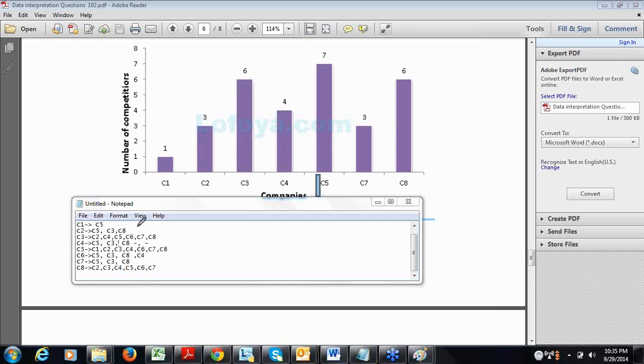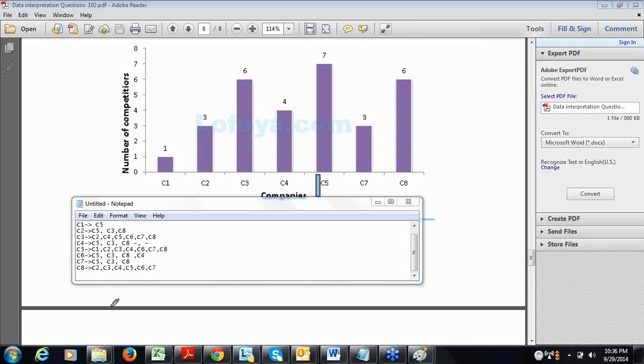Now C8, who is the competitor for C8? C1 is not a competitor because C1 has only one competitor, which is C5. So C8 will have C2, C3, C4, C5, C6 and C7. So these are the 6 competitors it will have.